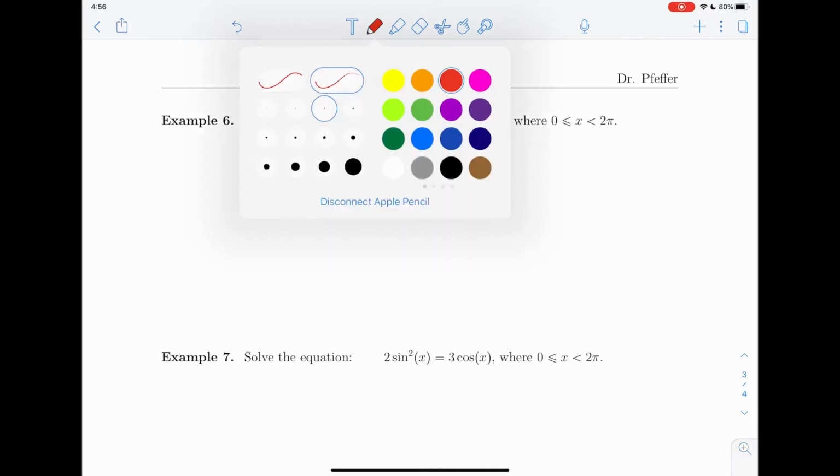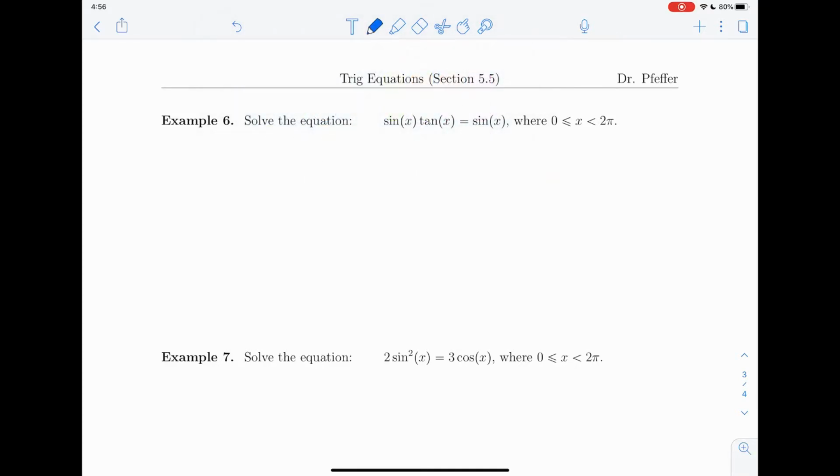So one way I could proceed is by moving everything to one side, and I could think of this as sine of x tangent of x minus sine of x is equal to 0, for which immediately your spidey senses should start tingling and you recognize, oh wait, sine is a common factor.